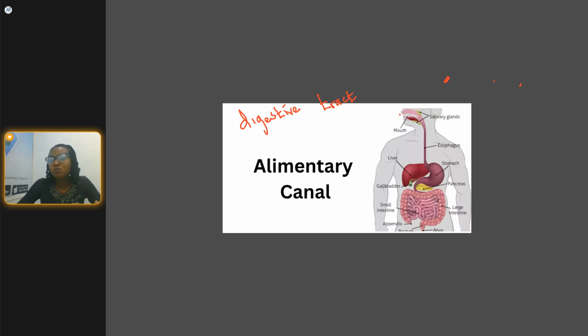So when you put food in your mouth, you chew. Of course, you chew with your teeth, and it is the teeth that break the food down. When you chew the food in your mouth, the salivary glands secrete what we call an enzyme, especially when you eat carbohydrates.